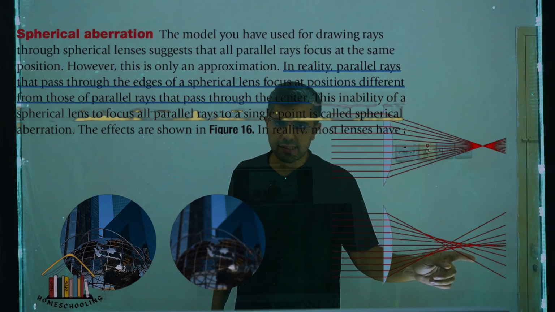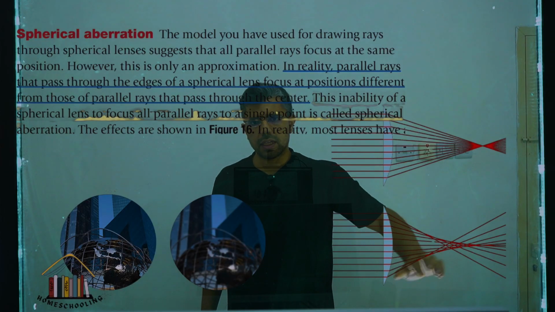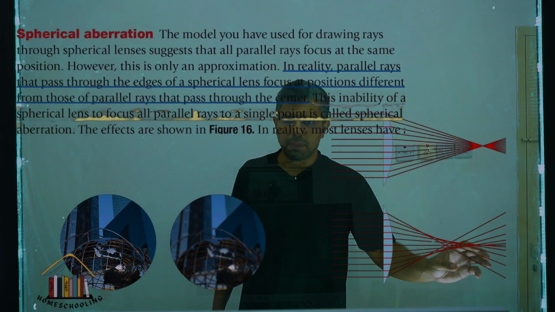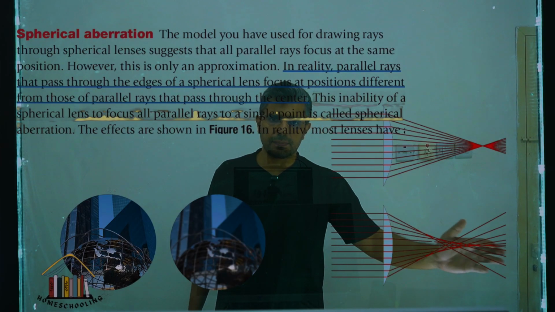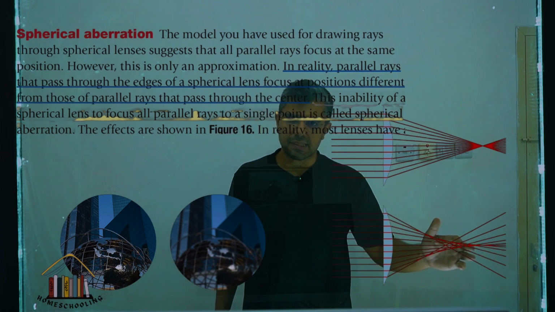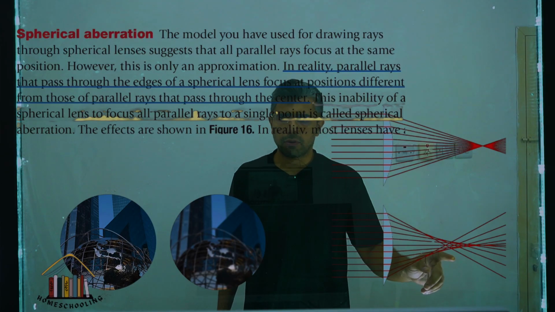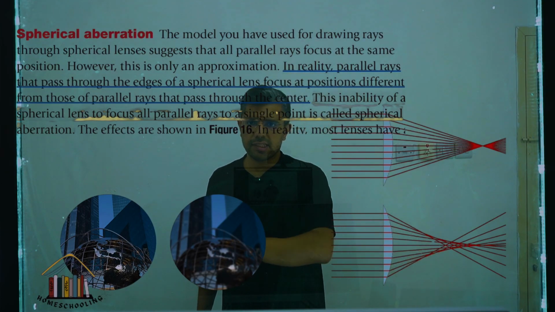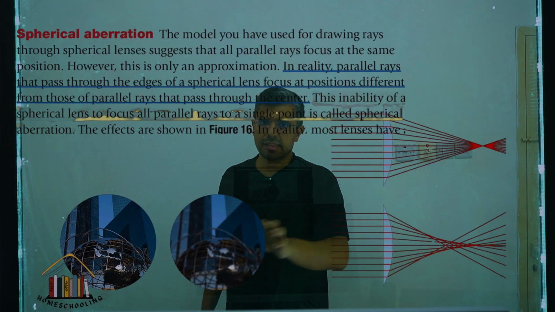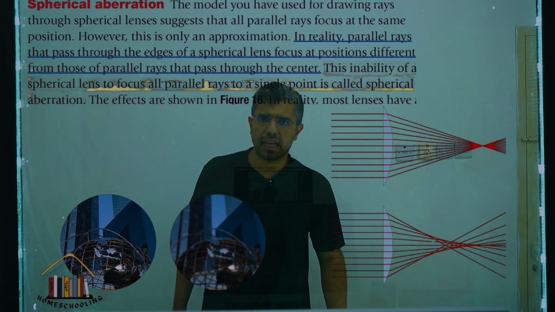It's not focused to a single spot, but dispersed on the principal axis. As you see here, you don't have a very concentrated focal point, and the image is not clear. This is caused by the spherical aberration.